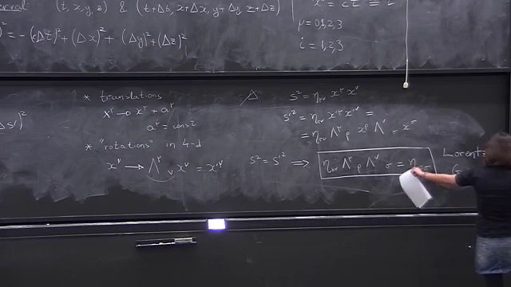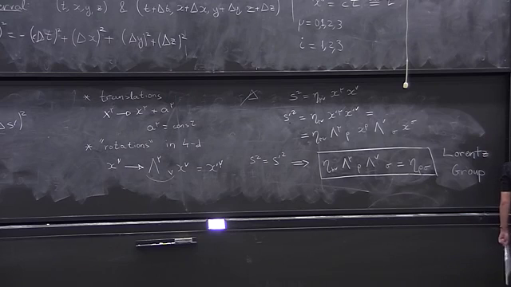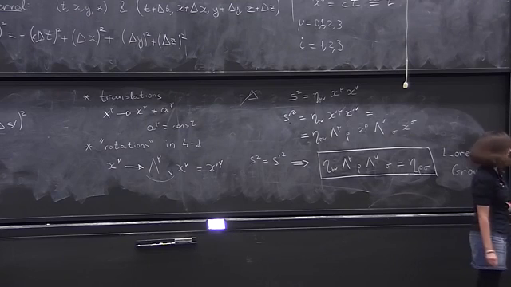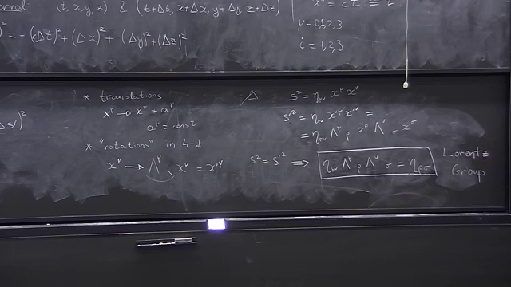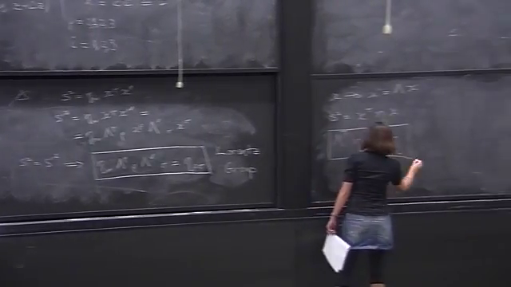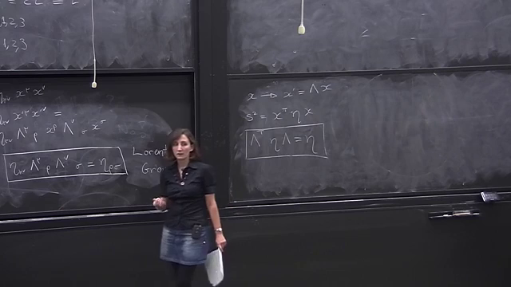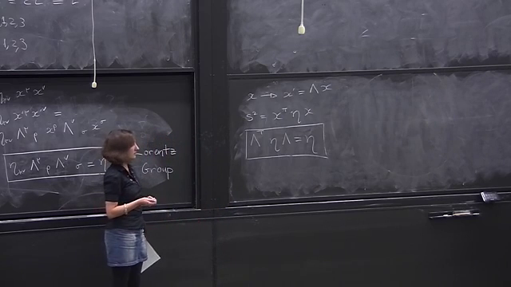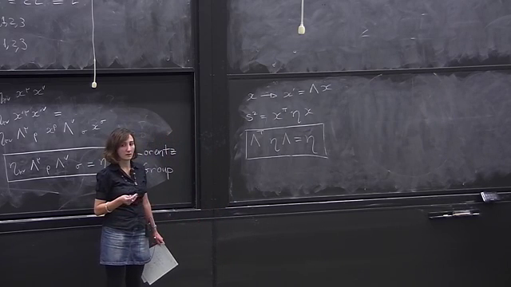And the relation that the Lorentz matrices have to satisfy is lambda transpose eta lambda equals eta. The Lorentz matrices leave the Minkowski metric invariant. Questions up to here?